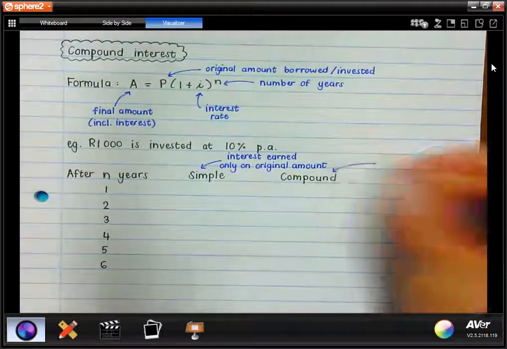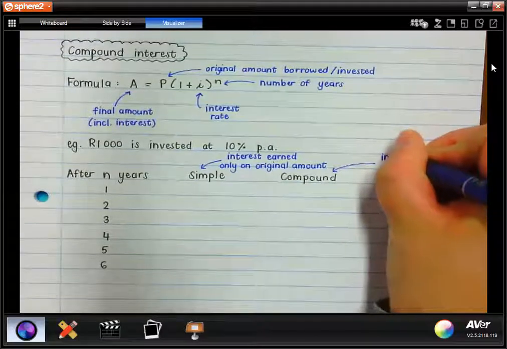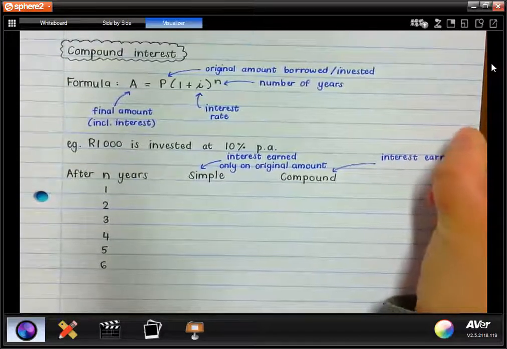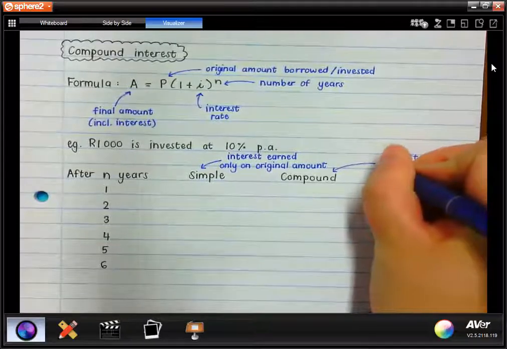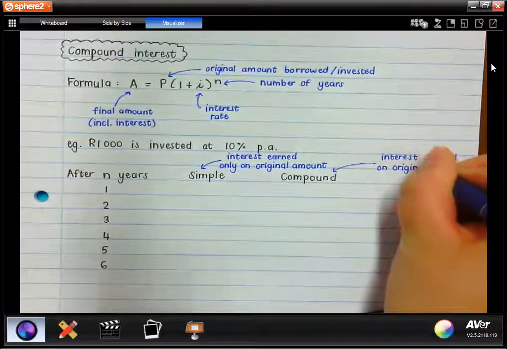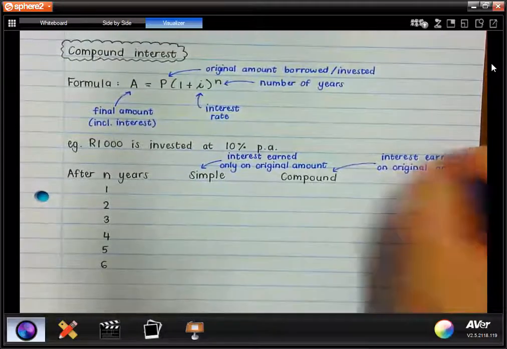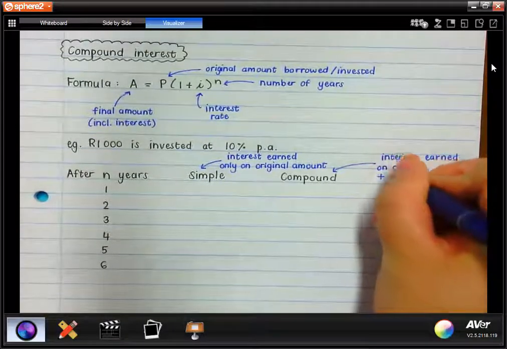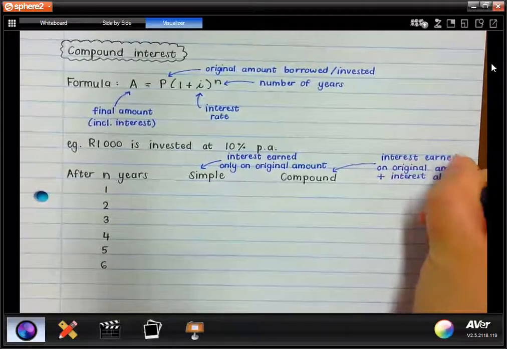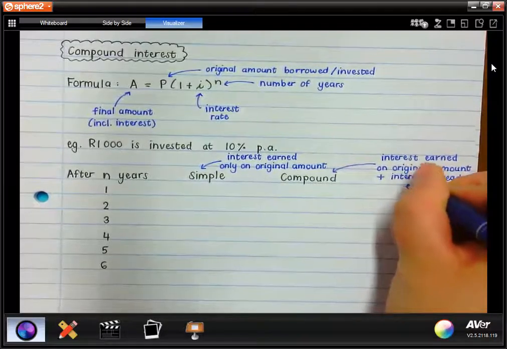Compound interest is different because here interest is earned on original amount plus interest already earned.